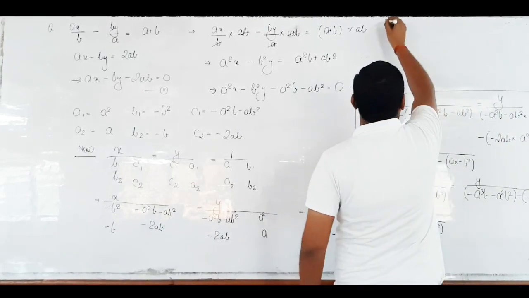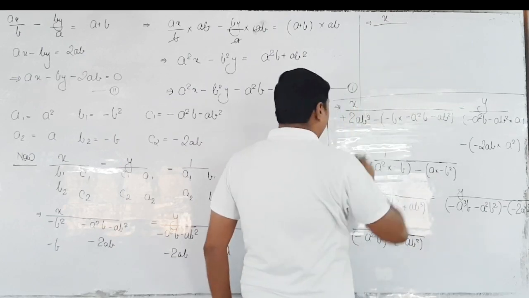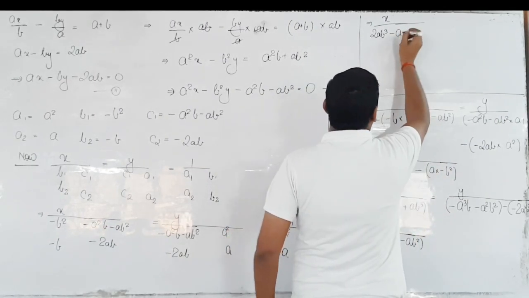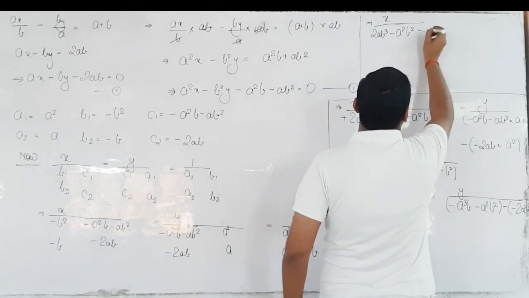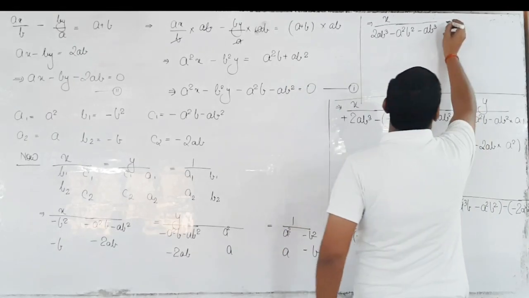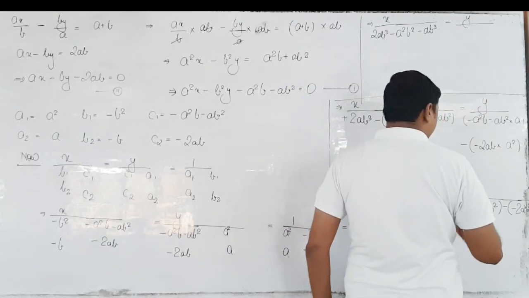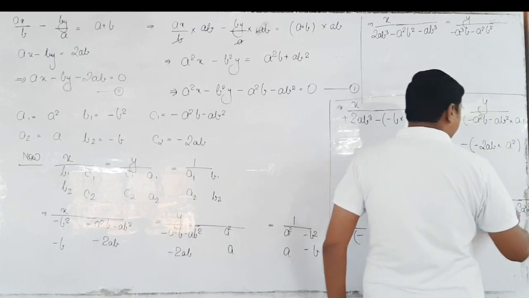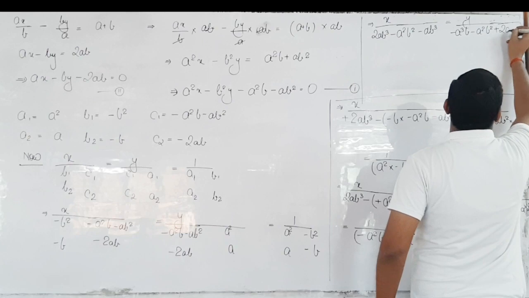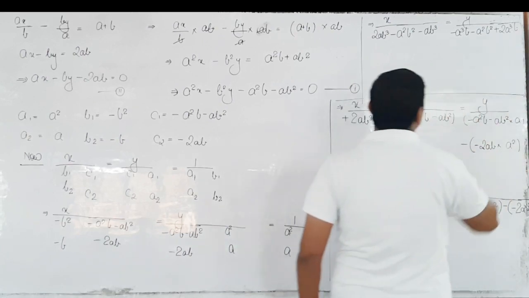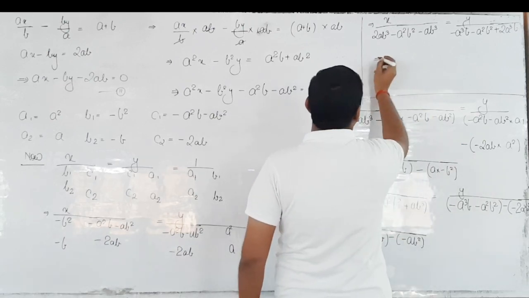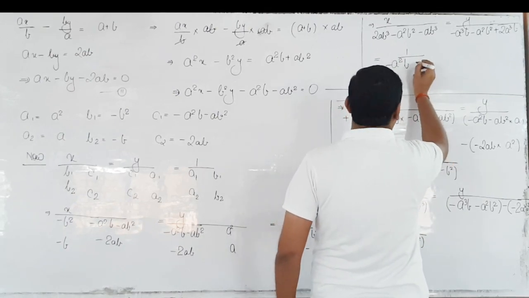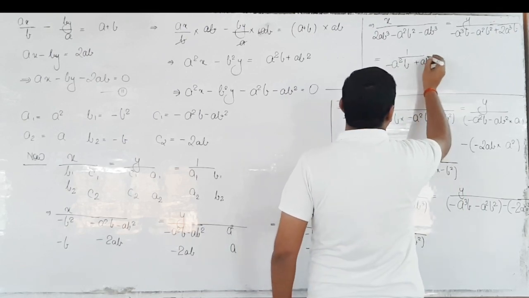Now I am writing this part here. So x by 2ab cube minus into plus minus a square b square minus into plus minus ab cube is equal to y by minus a cube b minus a square b square minus minus plus 2a cube b, 1 by a square b minus minus plus ab square.